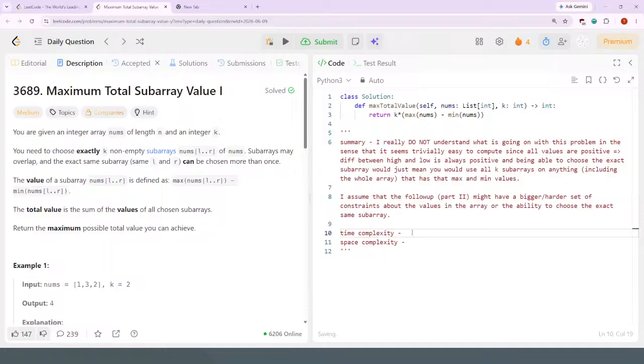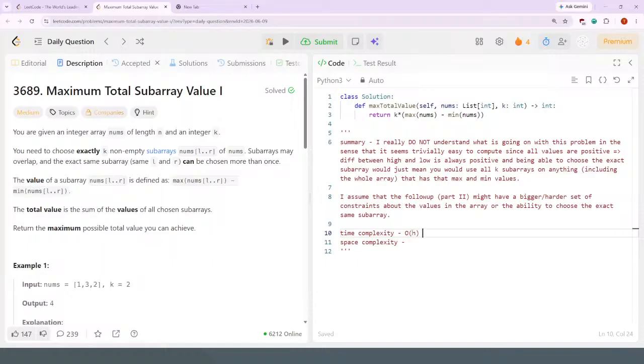Anyways, time complexity is going to be O of 1. No, sorry, it's O of n. To find the maximum of an array, it's an O of n computation.